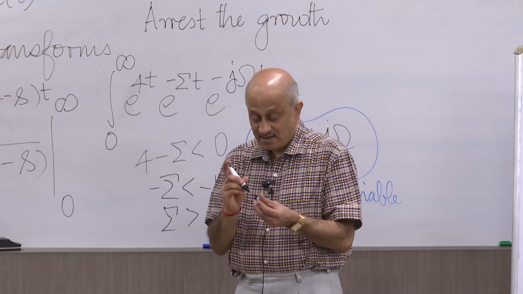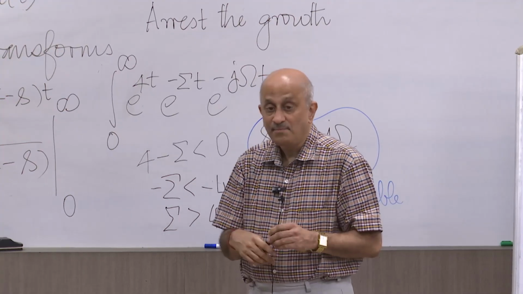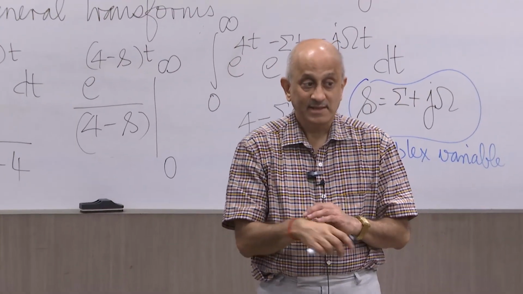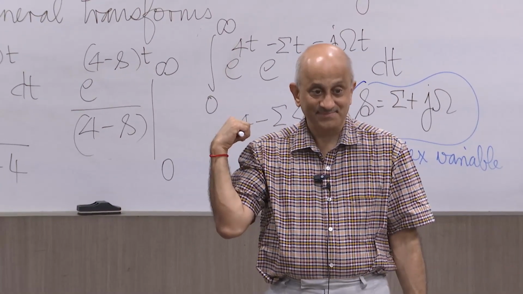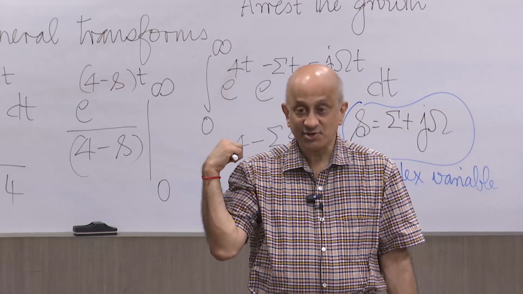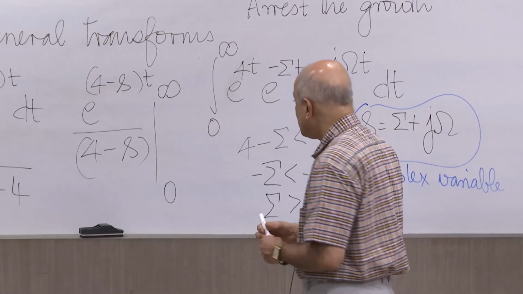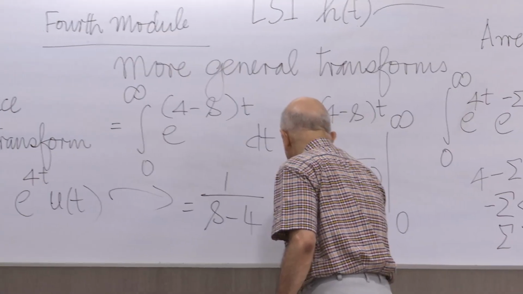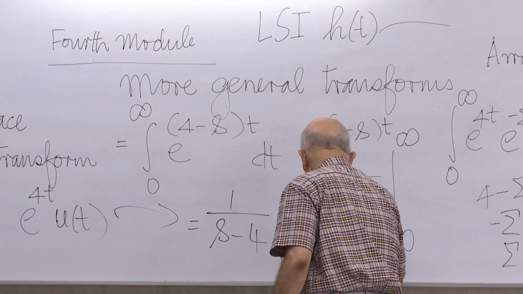But you see, the Laplace transform is not simply an expression. You must qualify it with a condition on s. What is the condition on s? The real part of s, which is sigma, must be greater than 4.